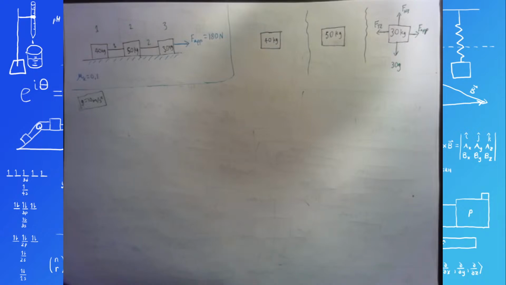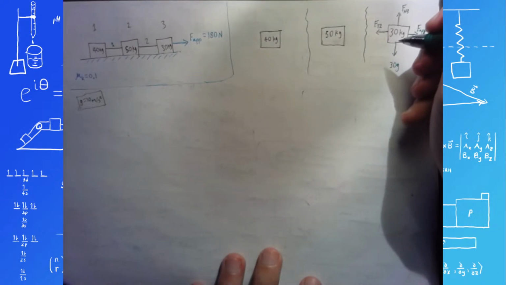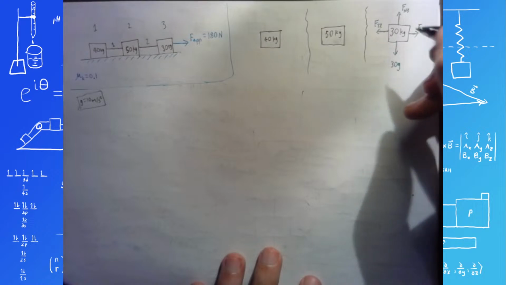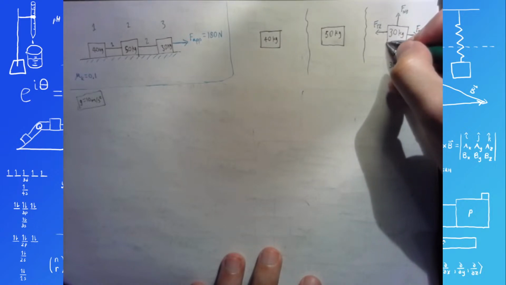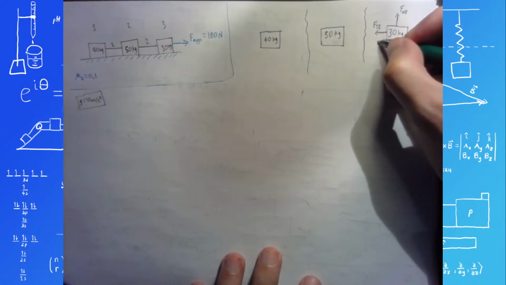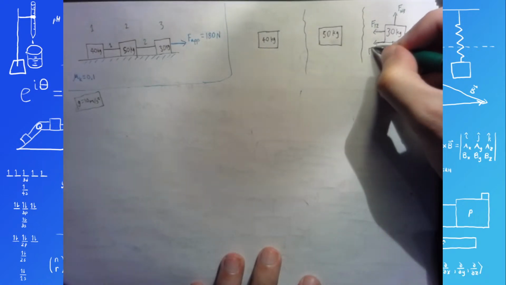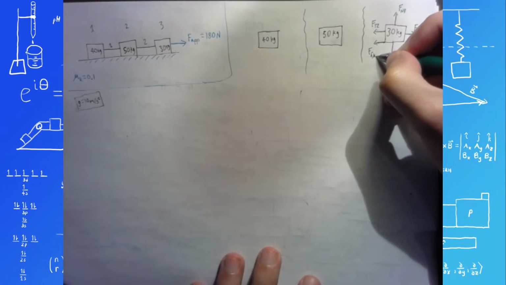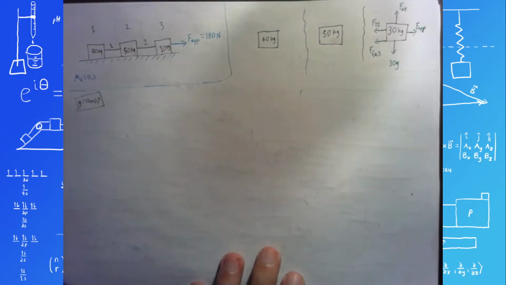Nope. So over here, the assumed direction of motion would have to be to the right, which would mean that the kinetic friction would try to oppose it and would be to the left. So that's going to be force, friction, kinetic, for object 3.